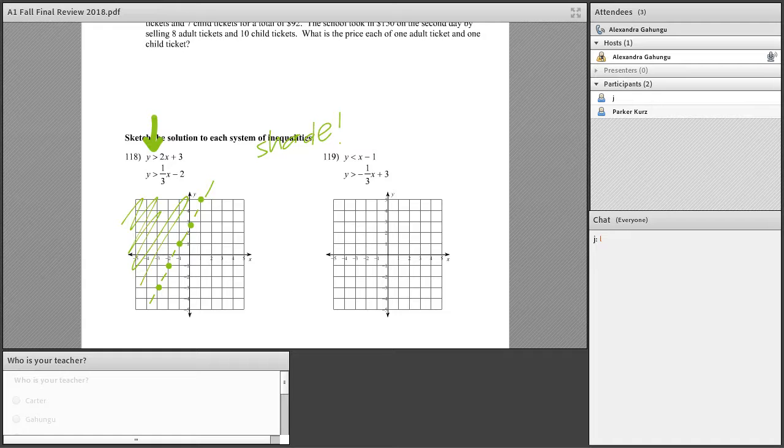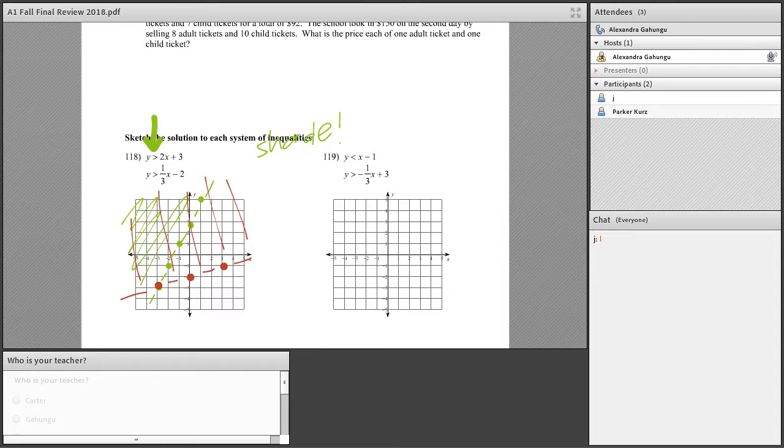And I'll go -2. And my slope is 1/3. So up 1/3. And then I also want to go in the other direction just to like cover everything. And this one also doesn't have to have an equal to symbol, so that's a dashed line. And it's greater than.